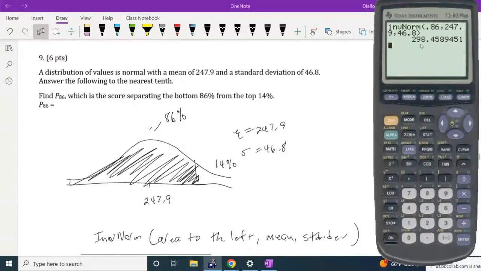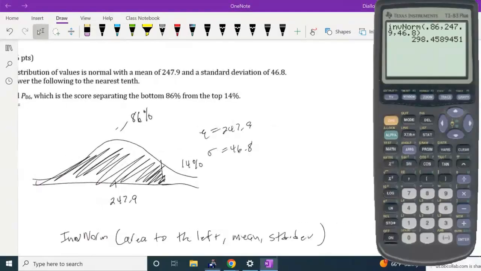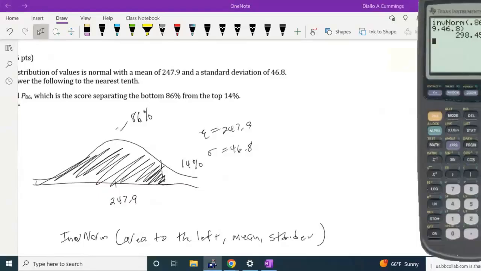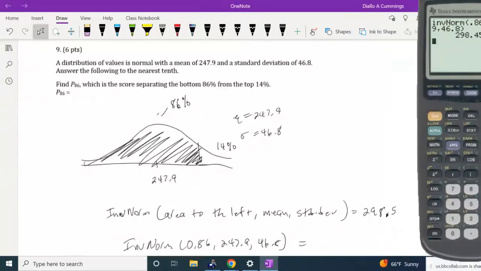Rounded to the nearest tenth is 298.5. All right, for problem number 9, everybody okay with that one? All right, it's worth 6 points.